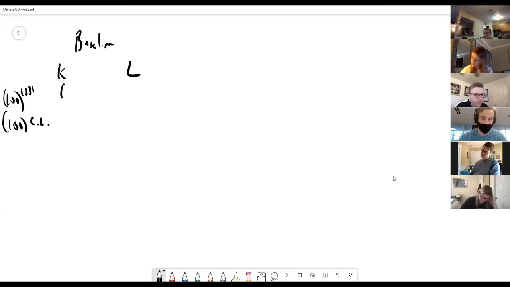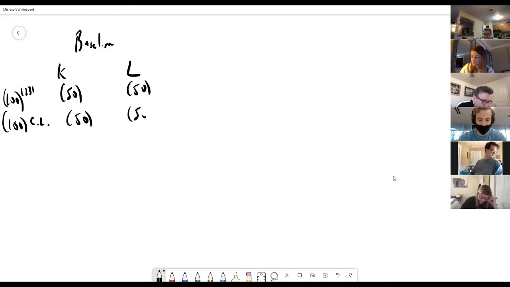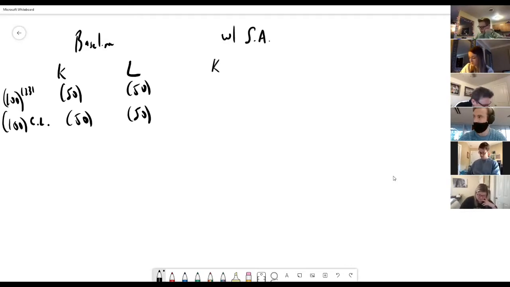The baseline would be to just allocate this 50-50. And now with the special allocations, we allocate all of the 1231 loss to K and all of the other loss to L.